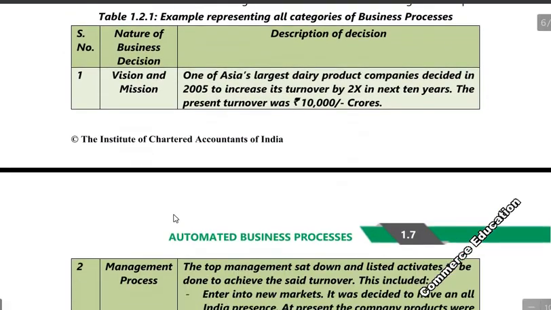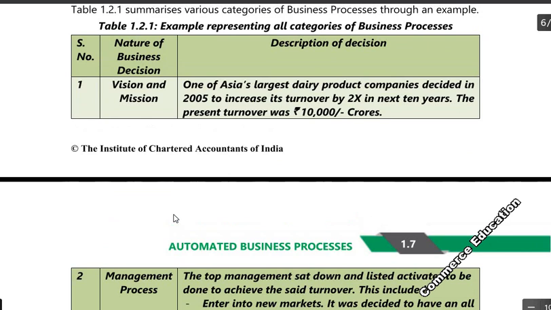There is an example showing all categories of business process. First of all, nature of decisions: vision and mission. Every enterprise should determine its vision and mission.